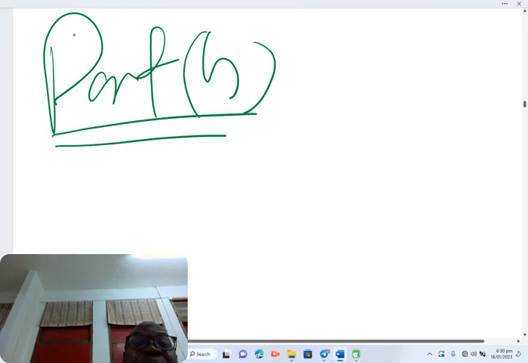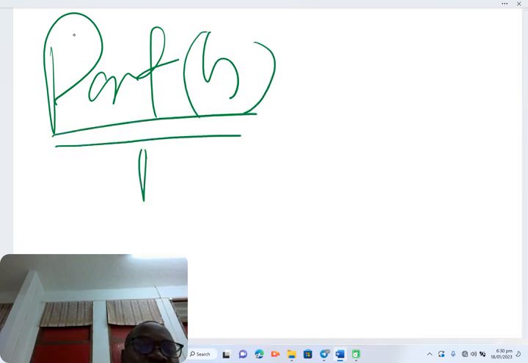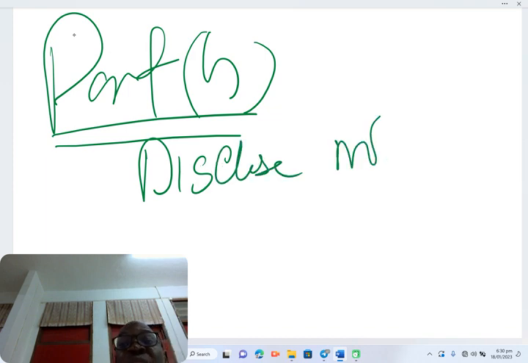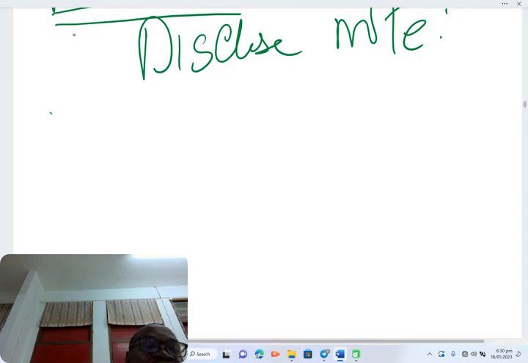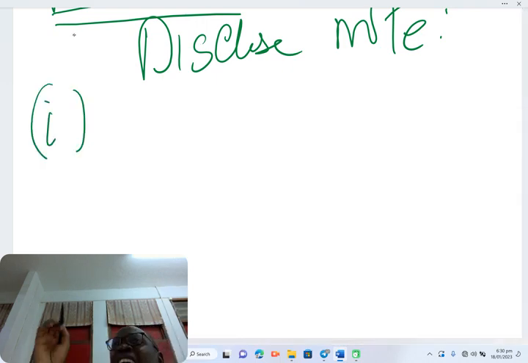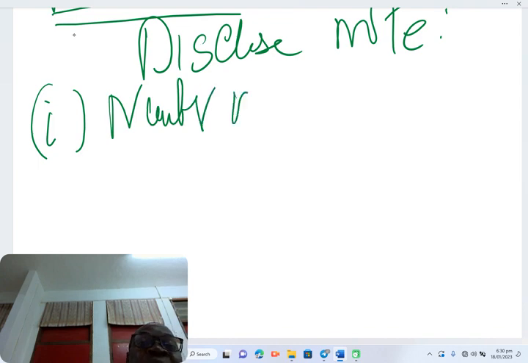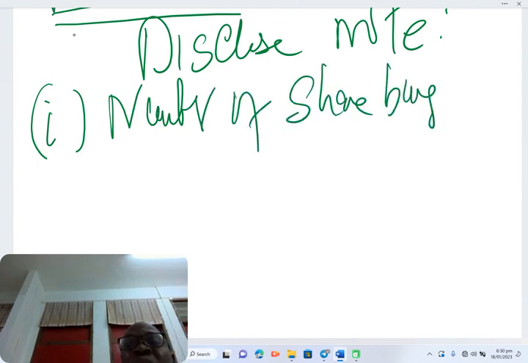Part B, what to disclose? Disclosure note in respect of those shares. So you have to mention at each reporting date issues to be disclosed. Number one, you have to disclose the number of shares bought.